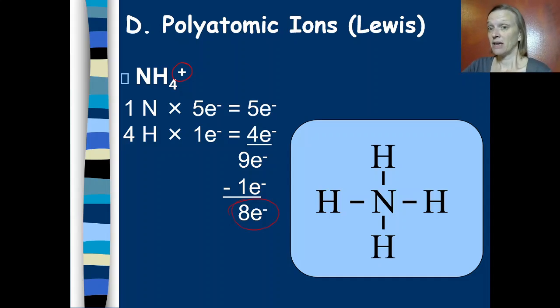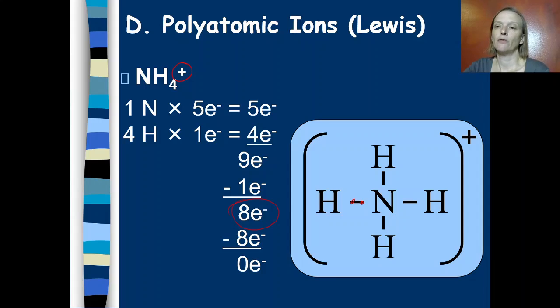And that's fine because every atom shown here either has the full octet, in the case of nitrogen, or I don't expect it to have a full octet. In the case of hydrogen, hydrogen is happy with just its 1, 2 electrons. Therefore, my Lewis dot structure is complete once I put square brackets around the structure and indicate the charge in the top right corner.